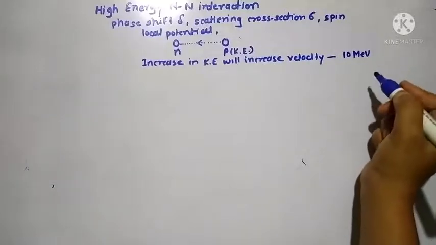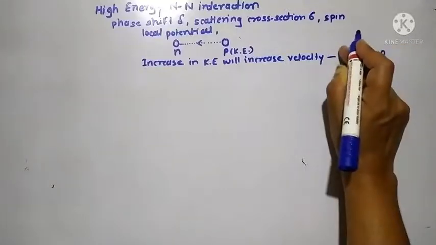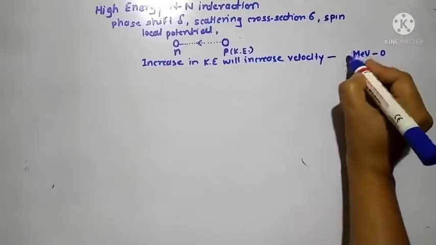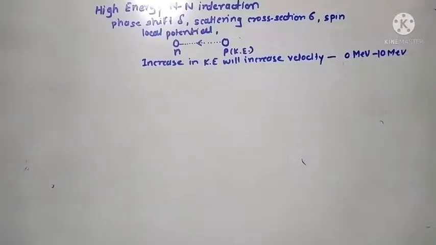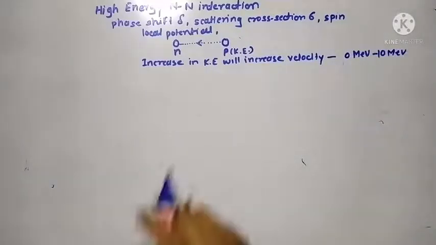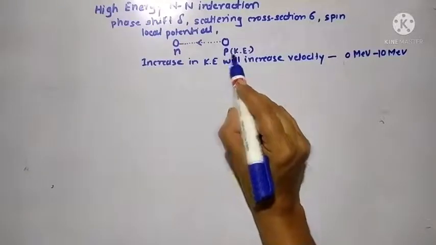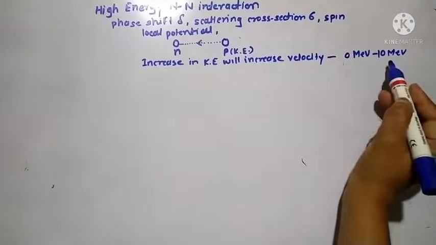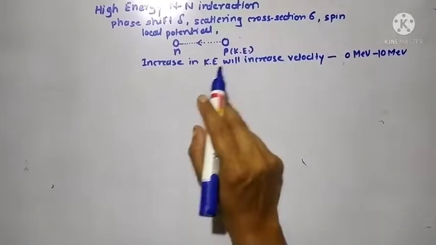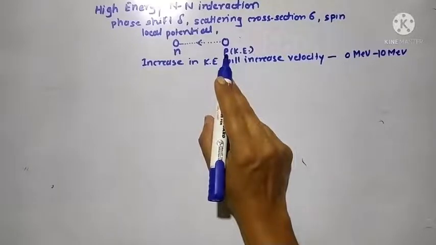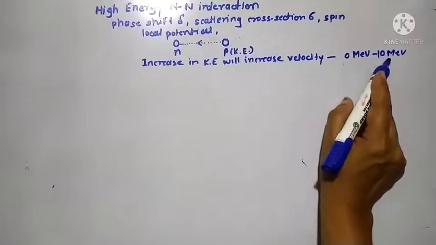So from 0 to 10 MeV, if the kinetic energy of this proton is in the range of 0 MeV to 10 MeV, then increase in kinetic energy will increase the velocity of this proton. So this linear dependence is only up to 10 MeV.